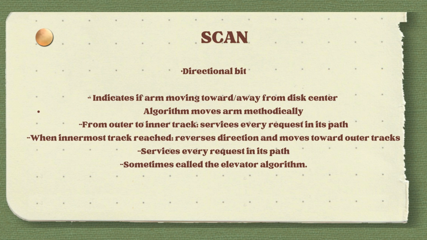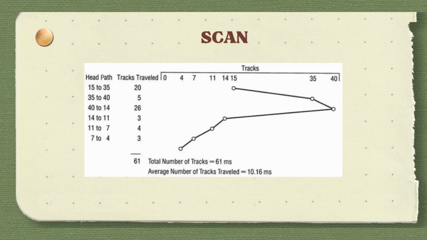It does not matter if there are no requests at the extreme tracks; the arm moves from edge to edge, with each sweep anyway. So this is how scan works: from 15 to 35, and 35 back to 15, and back to 14, then 11, 11 to 7 and 7 to 4.